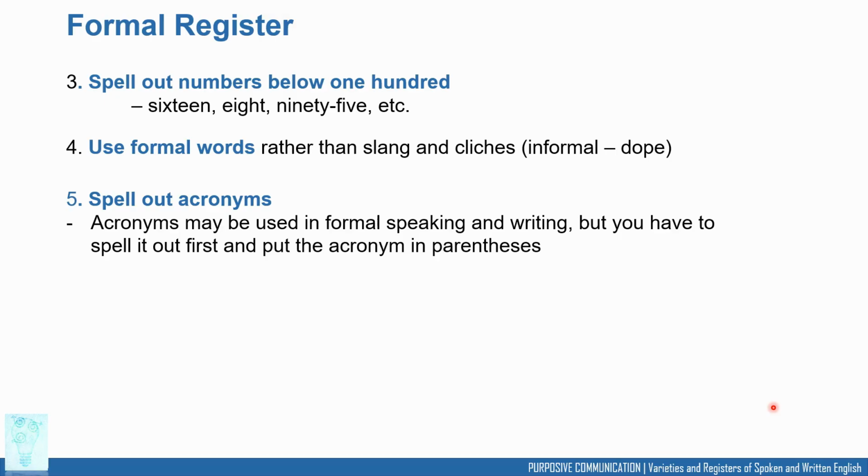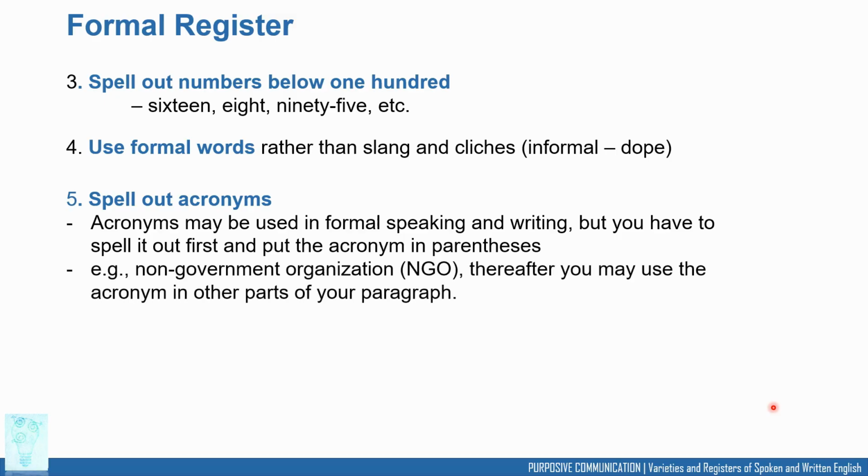So if you're writing about your course, you first spell it out and then write the acronym enclosed in parentheses, and in the following sentences you can use the acronym, because the reader already knows what it stands for. Example: non-government organization, or NGO. Thereafter, you may use the acronym in the other parts of your paragraph.